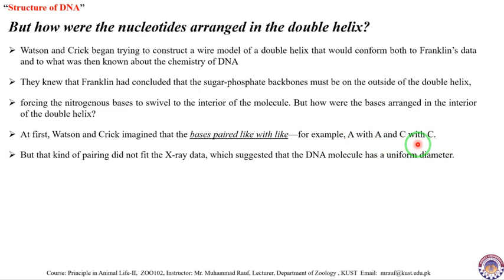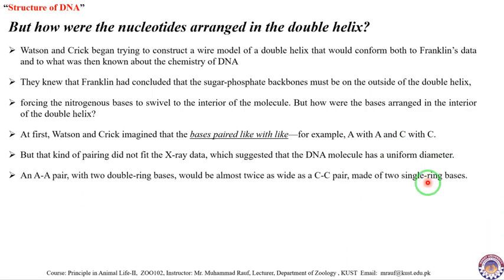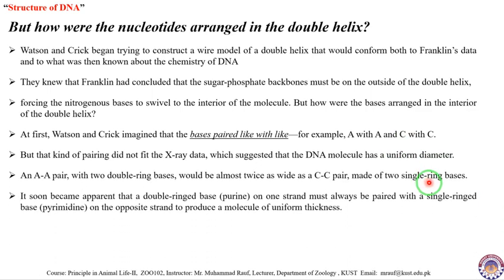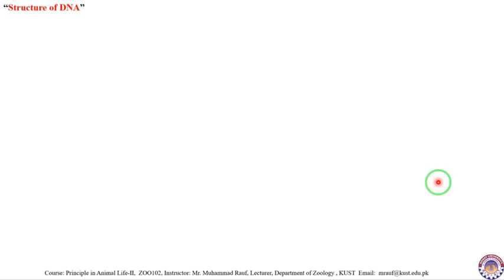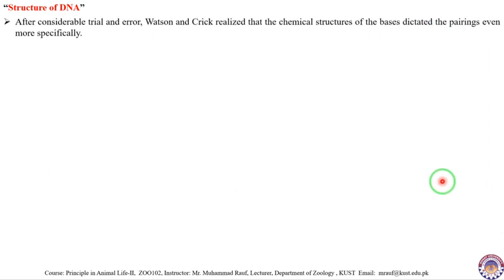Then they reminded themselves once again about Rosalind Franklin's X-ray data, where the diameter of the DNA was constant, uniform throughout its length. So they changed their mind, and they soon realized that the purines form bond with the pyrimidines.